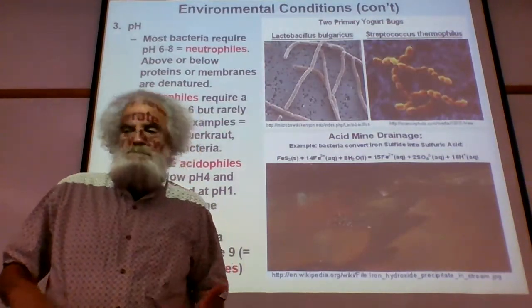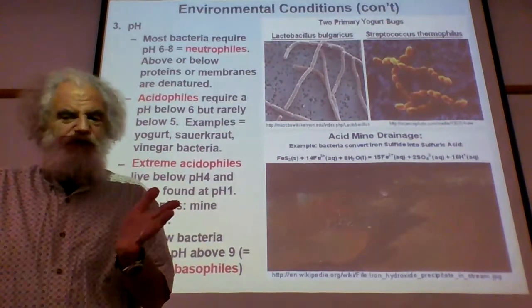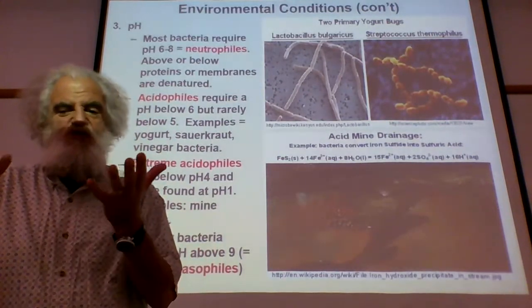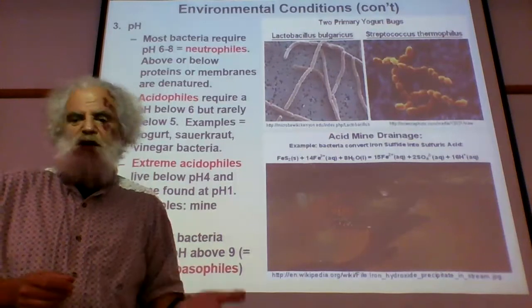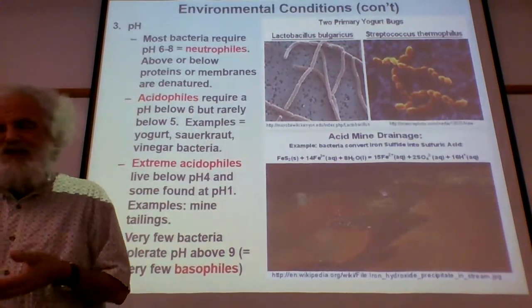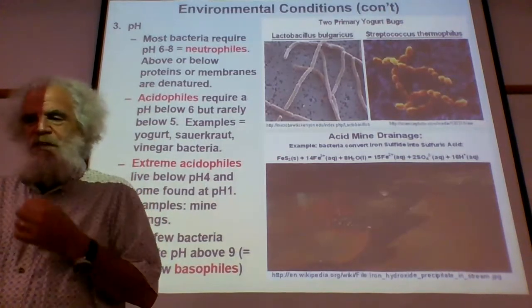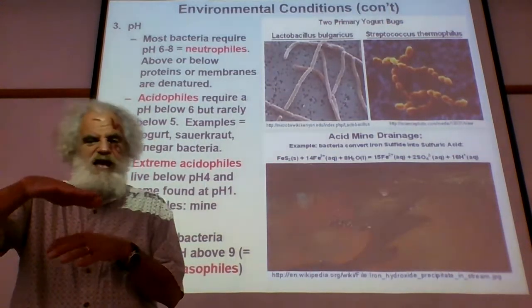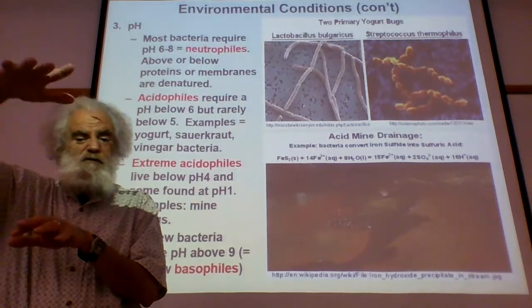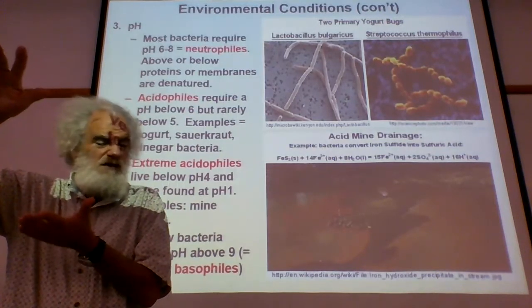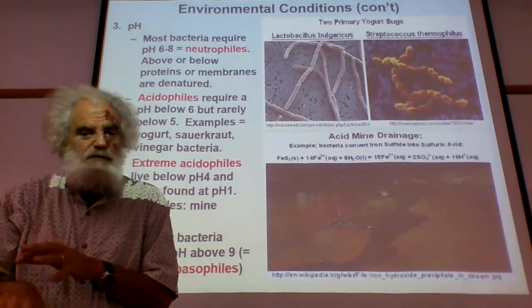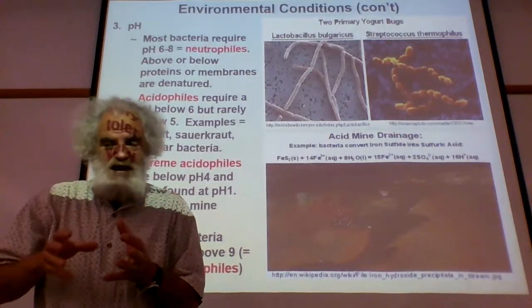So most bacteria are working in the neutral range, around pH 6 to 8. These are referred to as neutrophiles. If they get a pH above 8 or below 6, they start to have their proteins denatured.